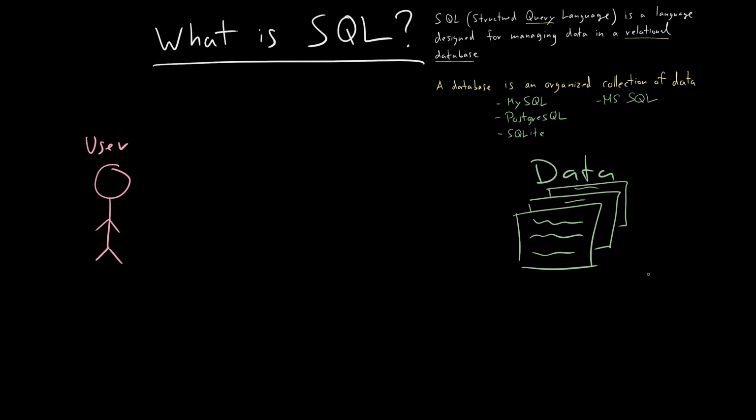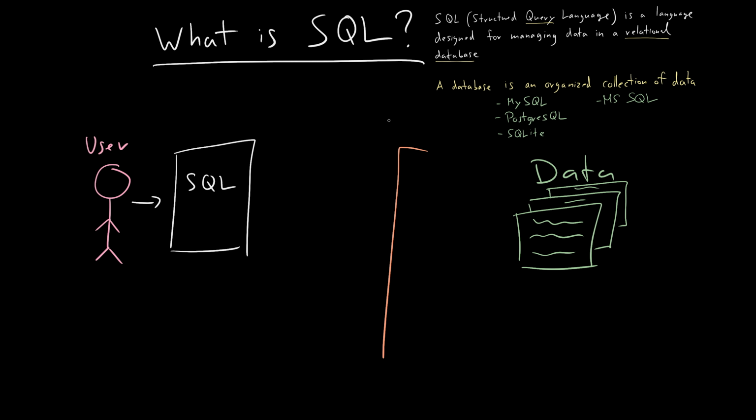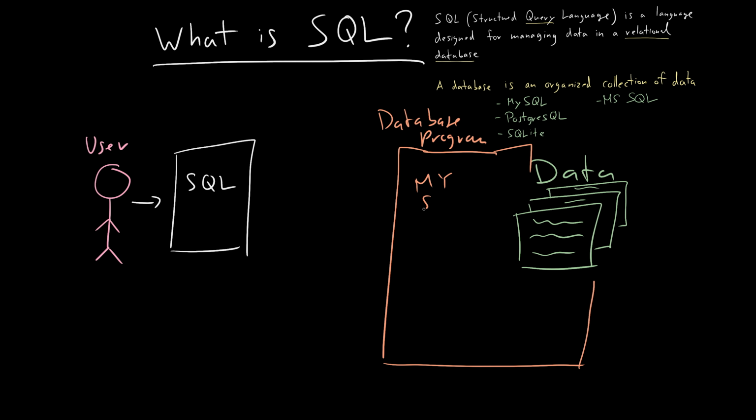Then SQL is a language. You're going to be writing SQL so that you can interact with a database. This is a database program like MySQL, and that program manages your data, right? So for example, MySQL manages the data.